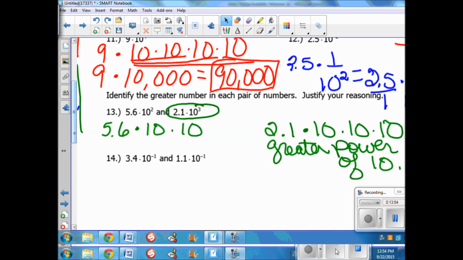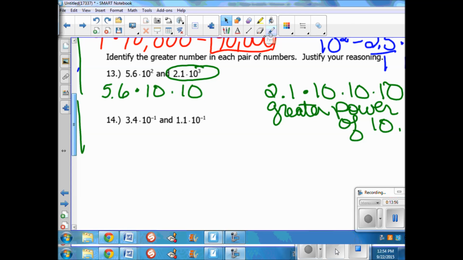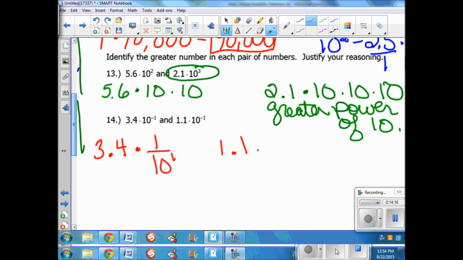Okay, now let's look at this next one, number 14. So 3.4 times, let's flip it, 1 over 10 to the first, okay? And that next one is 1.1 times, again, let's flip it, 10 to the first. Okay, so their powers of 10 are the same, so that's not going to help us out in comparing.